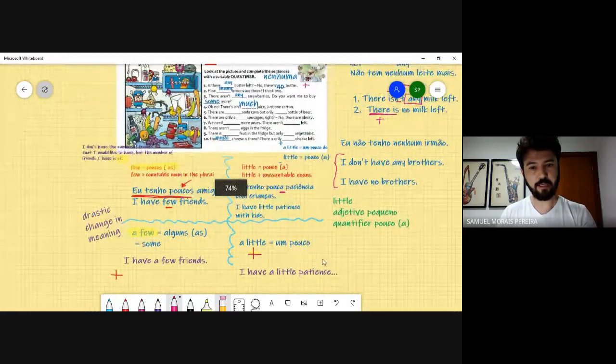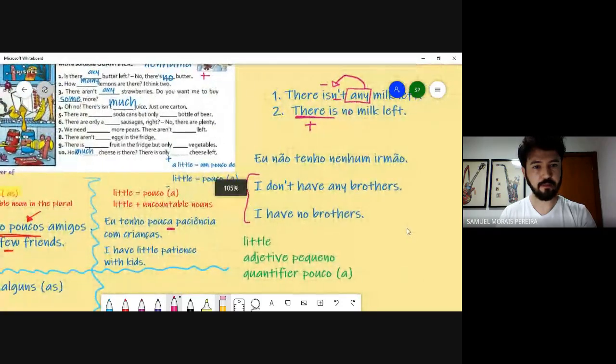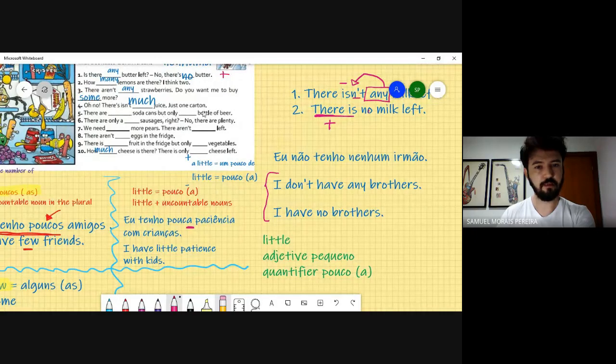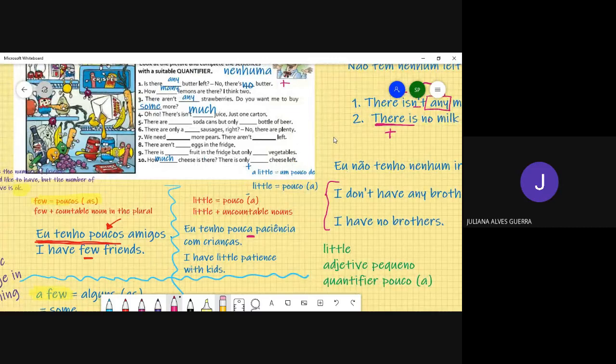So coming back here to the exercise, we have now sentence number 5. I have here. There are soda cans, but only bottle of beer. What's the answer here? Any volunteer to tell me the answer? Eu coloquei a lot of.